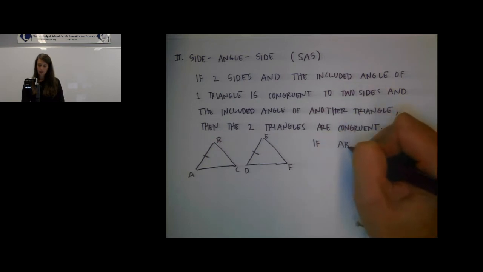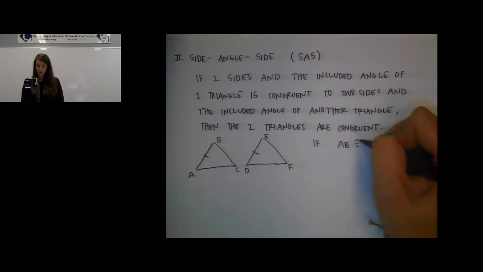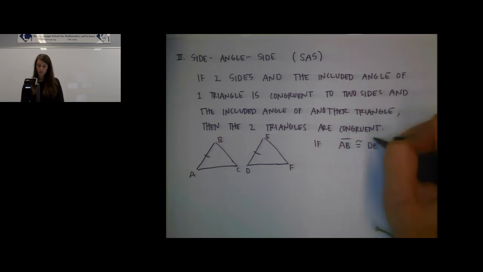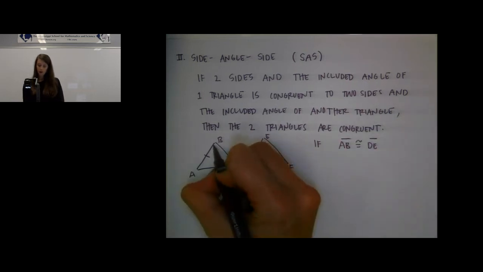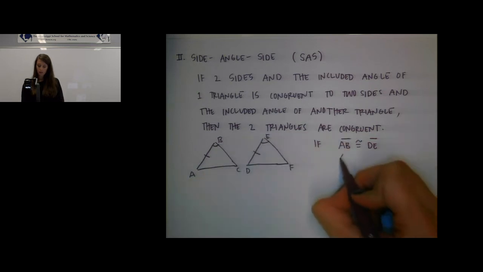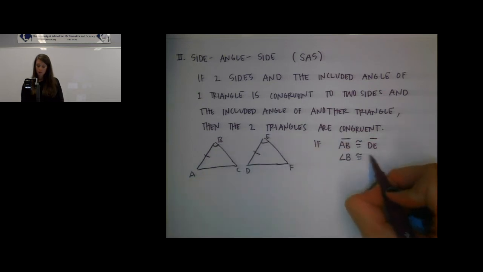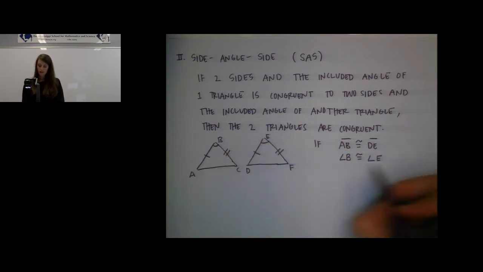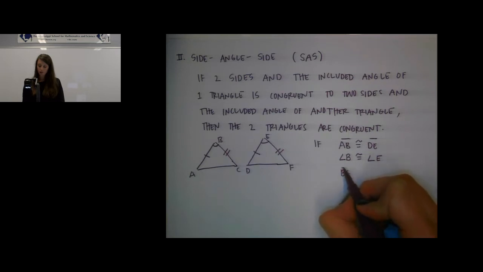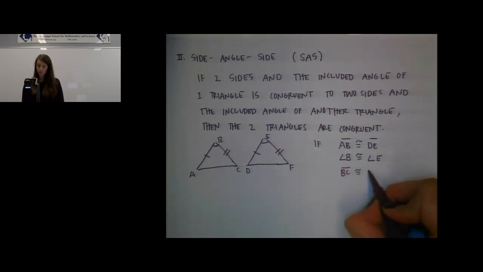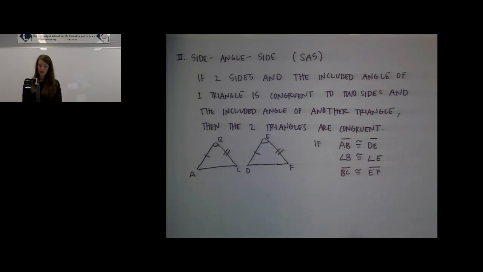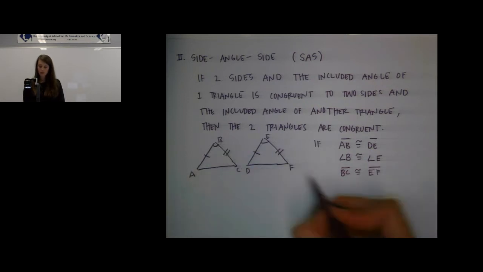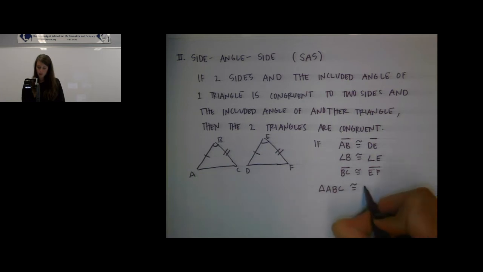If side AB is congruent to DE, if angle B and angle E are congruent, and side BC and EF are congruent, so if I have all three of those things going on, then I can say that triangle ABC is congruent to triangle DEF.